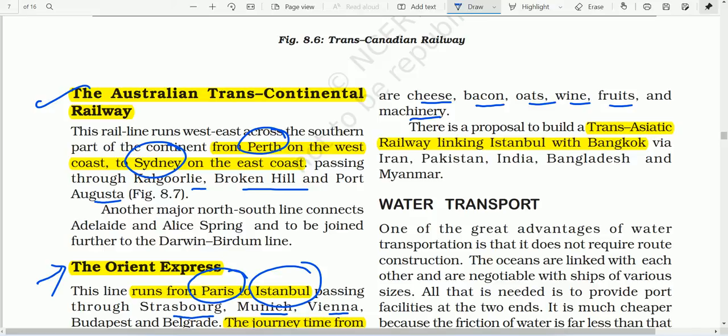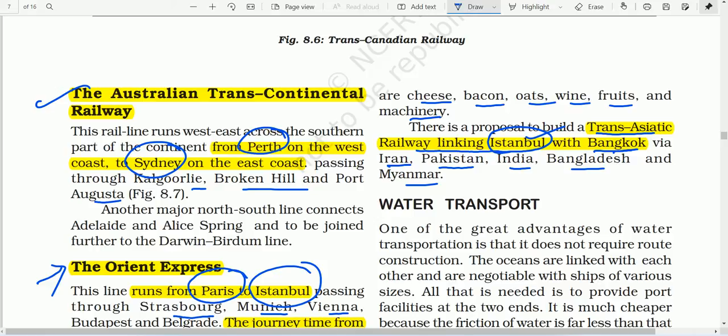And last but not the least, we have a proposal to build a Trans-Asiatic railway line linking Istanbul with Bangkok, Thailand, via Iran, Pakistan, India, Bangladesh, and Myanmar.